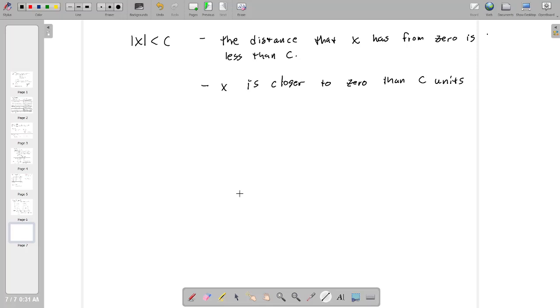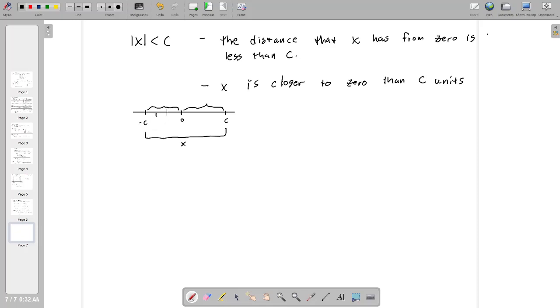And on a number line, what this looks like is if we have 0 here, say that this is c, and this is negative c, noting that this is c units, and this is c units. So we have c units to the left and c units to the right of 0. That means that x must be within this range. It has to be somewhere in here.